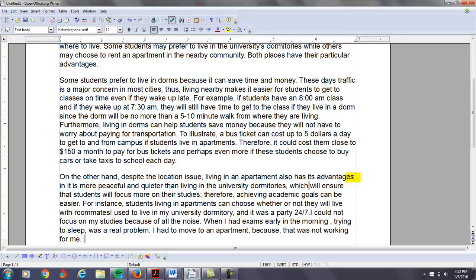So if, for instance, students living in apartments can choose whether or not they will live with roommates.